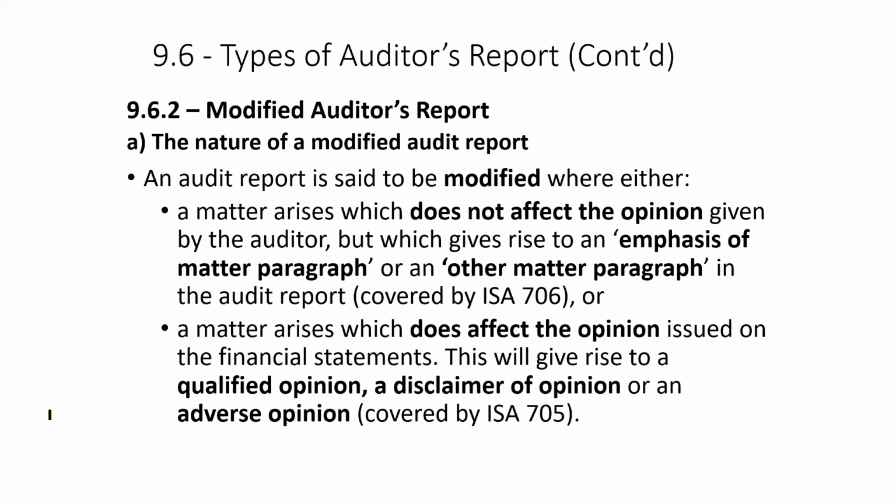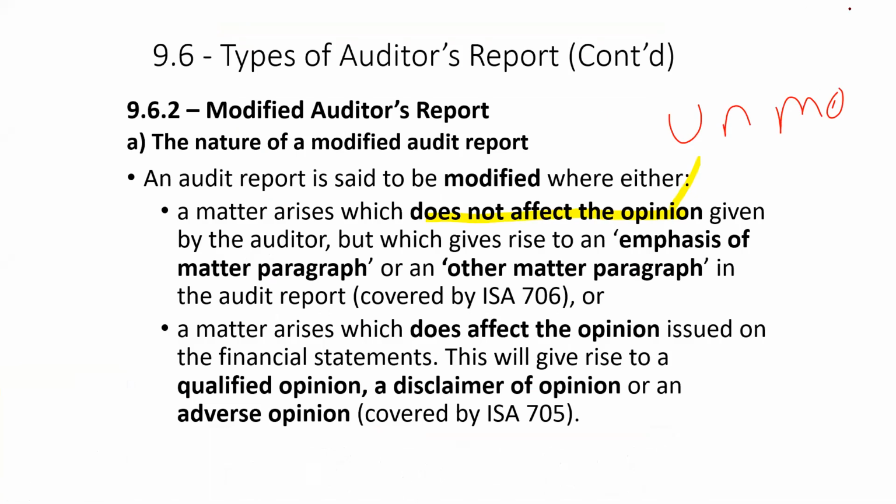So in a modified report, it could be that the auditor is giving an unmodified opinion. That's why we said that a matter arises which does not affect the opinion. So it simply means that the auditor will give an unmodified opinion. The opinion will be unmodified.